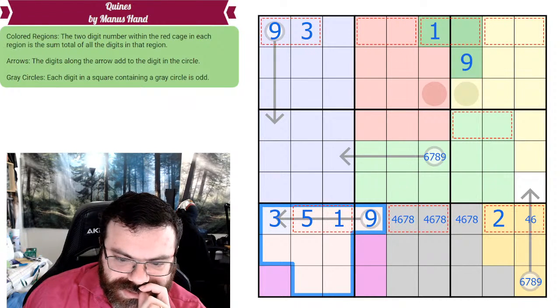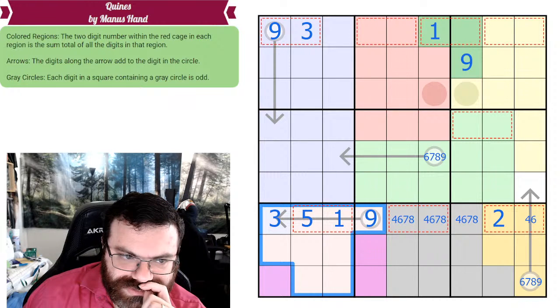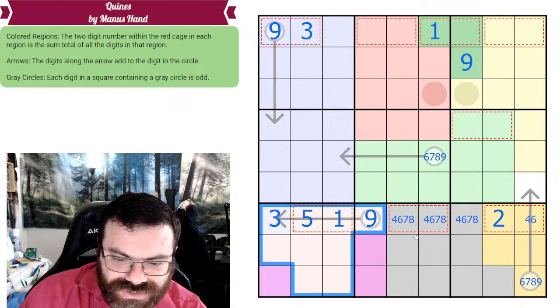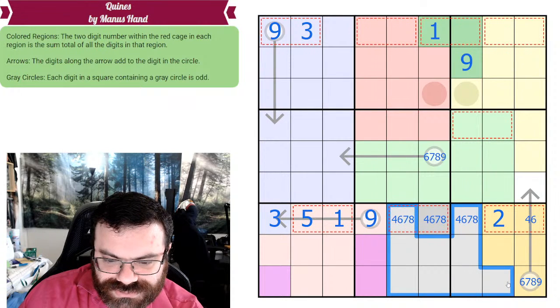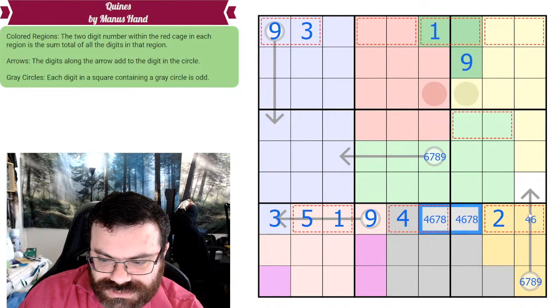That's 86. So 135 minus 86. So the gray is a maximum 49. So this is always a 4. That's a 6 now.